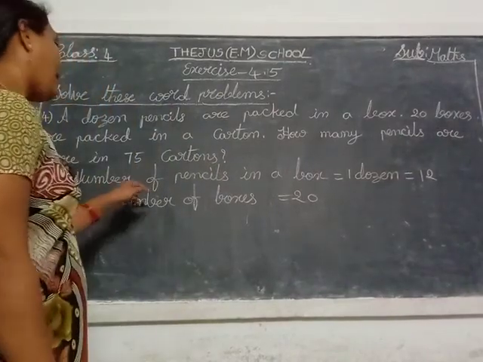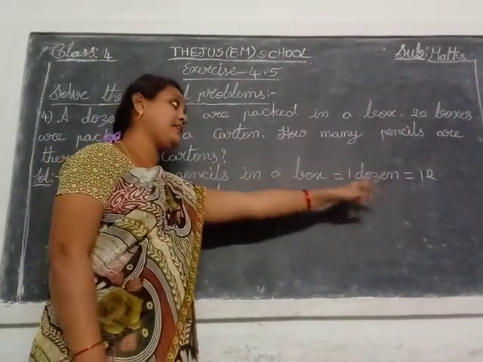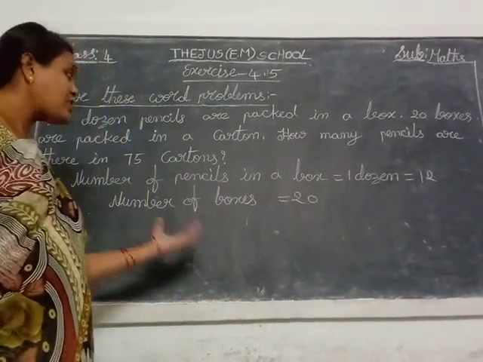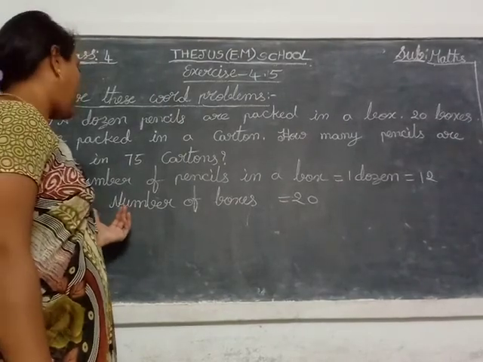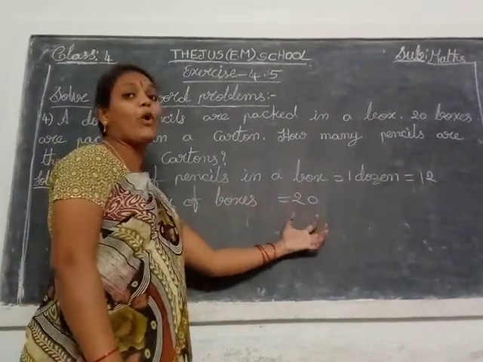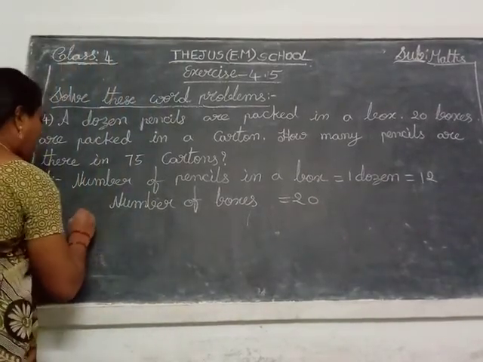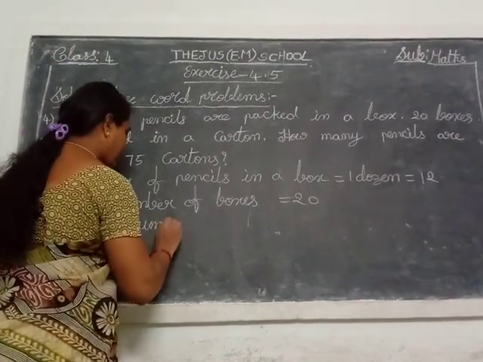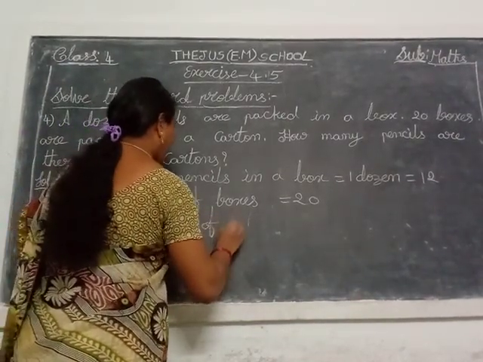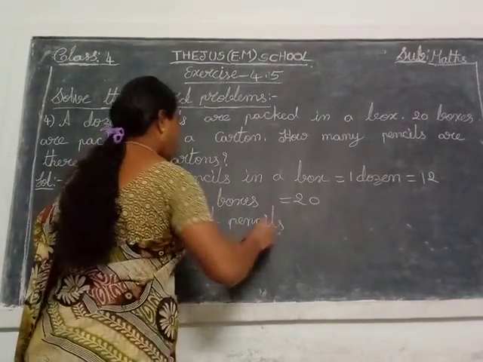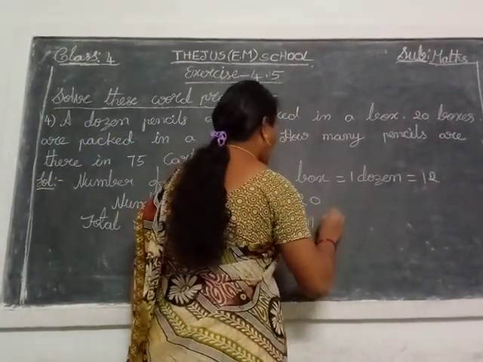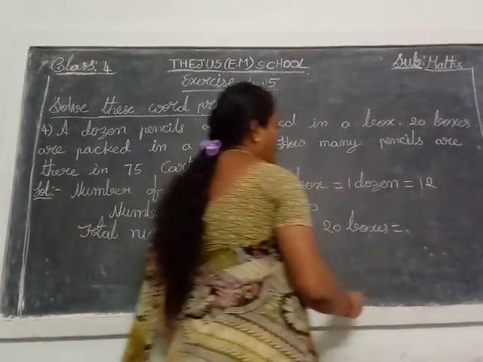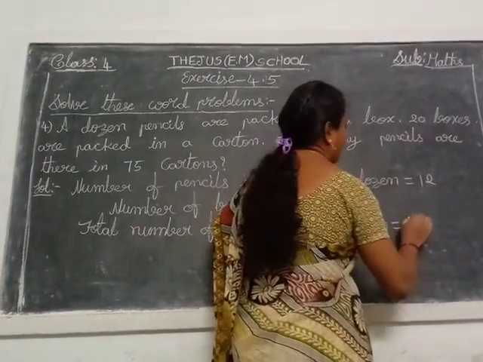Okay, first number of pencils in one box, 1 dozen, dozen means 12. How many boxes? 20 boxes. First you find out the total number of pencils in 20 boxes. So you do the multiplication 12 into 20.